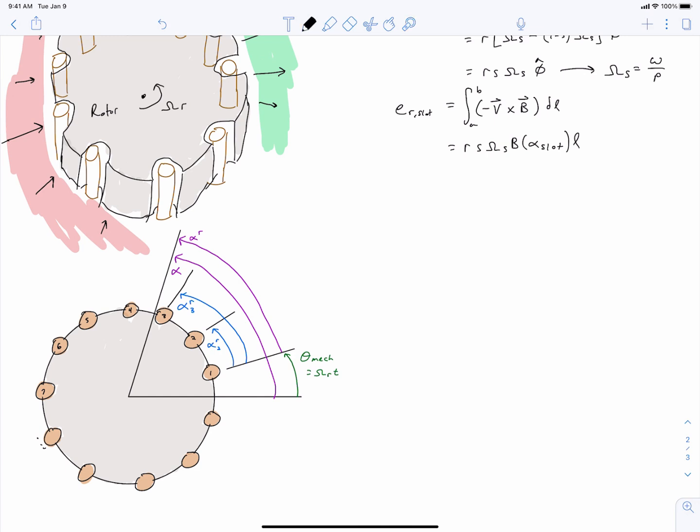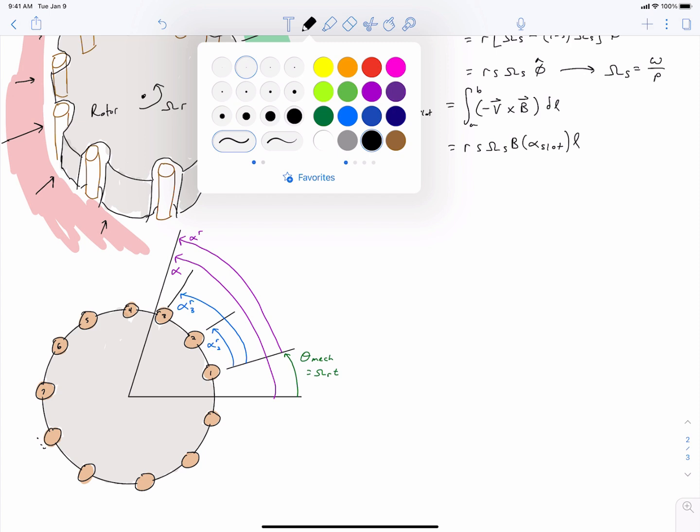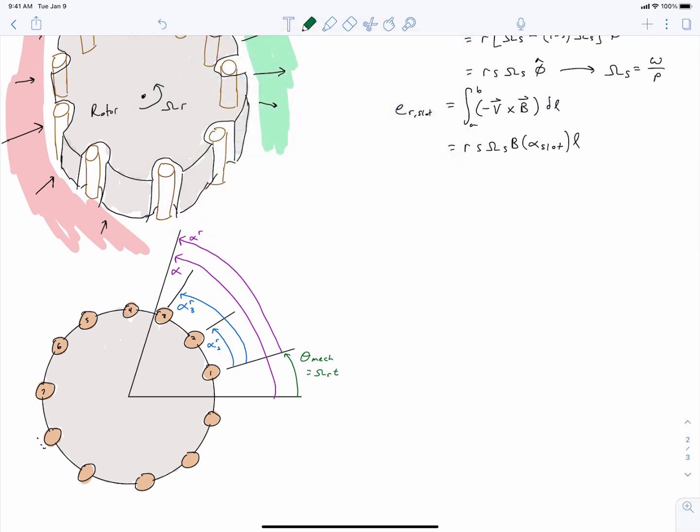And finally, the last thing I want to point out here is that all along we've been talking about this angle alpha c, which in our stator winding is the spacing between stator slots, and we can do the same thing on our rotor. We can call this alpha c, because we assume that our rotor slots are all equally spaced. And just like on the stator, this would be equal to 2 pi divided by the number of rotor slots.